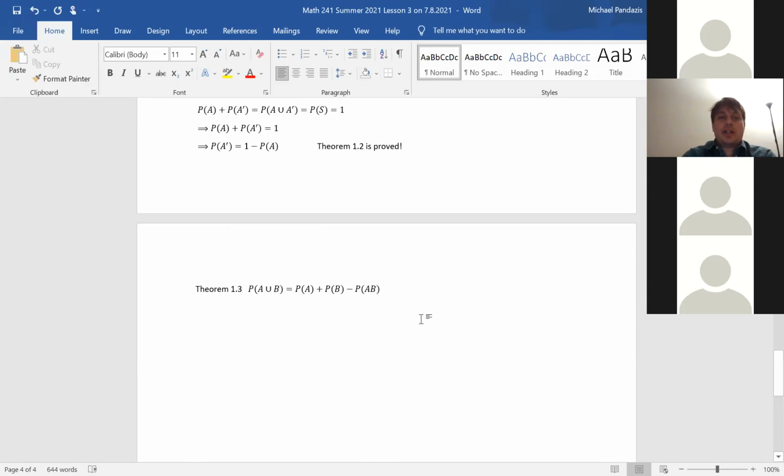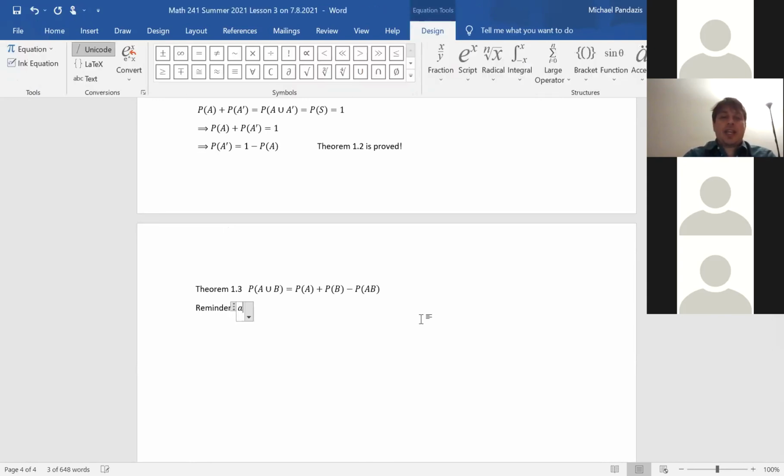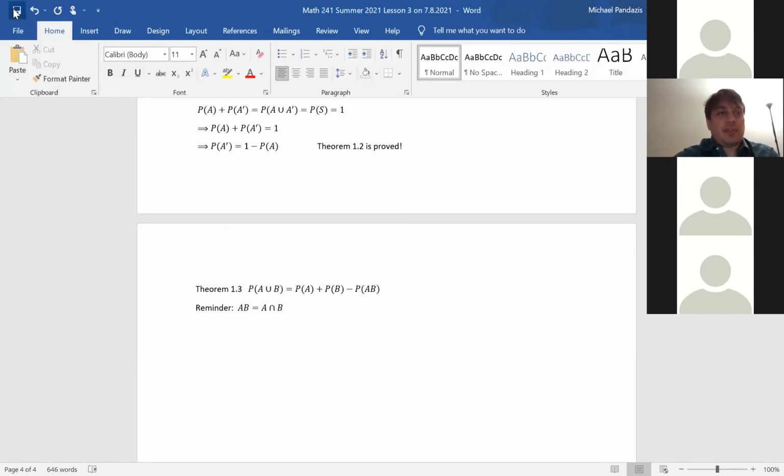And so, reminder, AB is notation for A intersection B, right? And you can do that for any number of sets and any set. So AC would be A intersection C, ABC would be A intersection B intersection C, right? Where parentheses doesn't matter because we showed earlier that that doesn't matter.